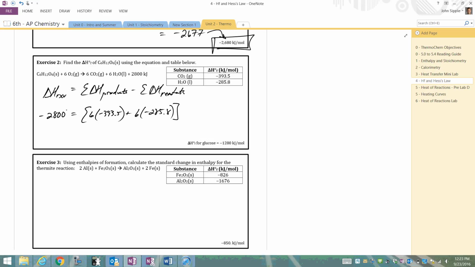All right, so we've got the products right now. We got delta H there, so we subtract out our reactants. Remember, O2 is an element, so it's 0. Plus, for this one, this is what we're trying to find, our delta H of formation for C6H12O6. So let's just do some of the math here.